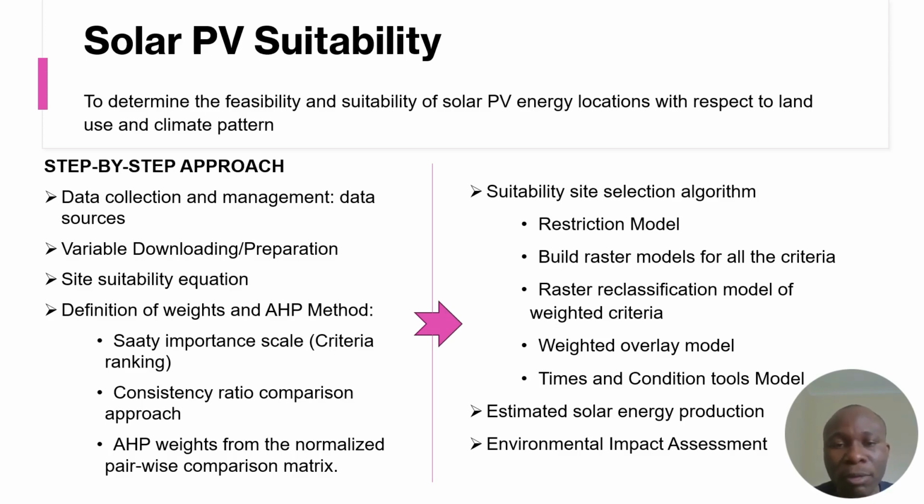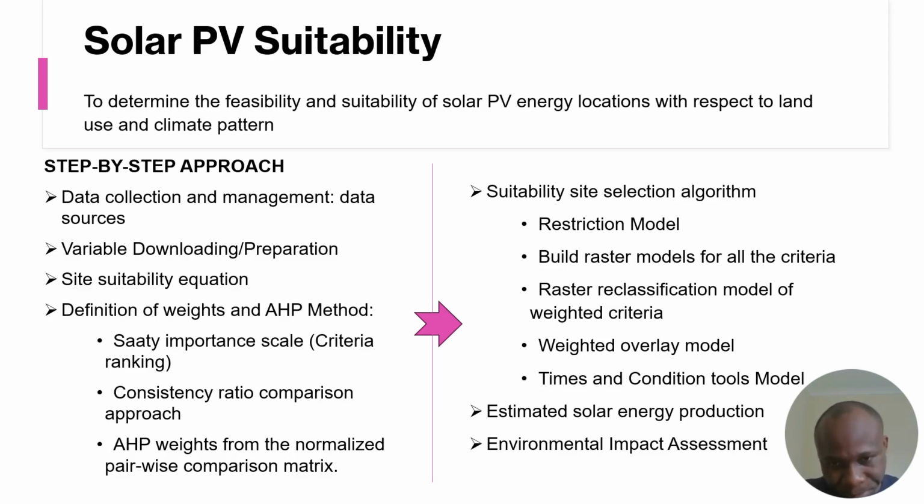Then we move forward to the suitability site selection algorithm. We're going to be developing an algorithm in ModelBuilder to define the restriction model, build a raster model for all these criteria, and a weighted raster classification model.